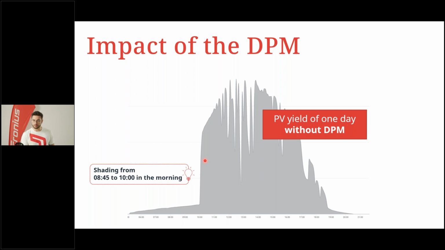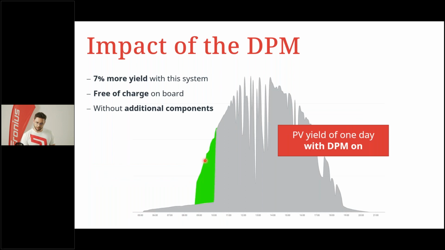So this would be a solution without any algorithm, without any DPM. And with the dynamic peak manager, we see here the green curve, and this would result in a 7% increase, or 7% more yield over the year, with a free of charge system on board and without any additional components. So it really does make a difference.